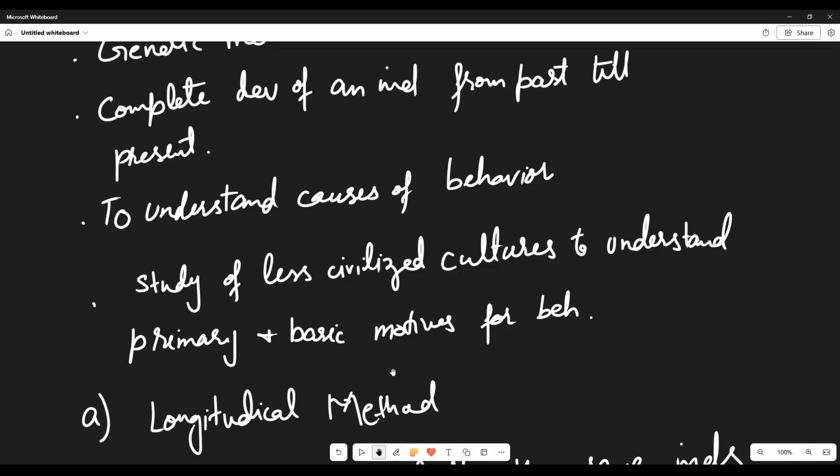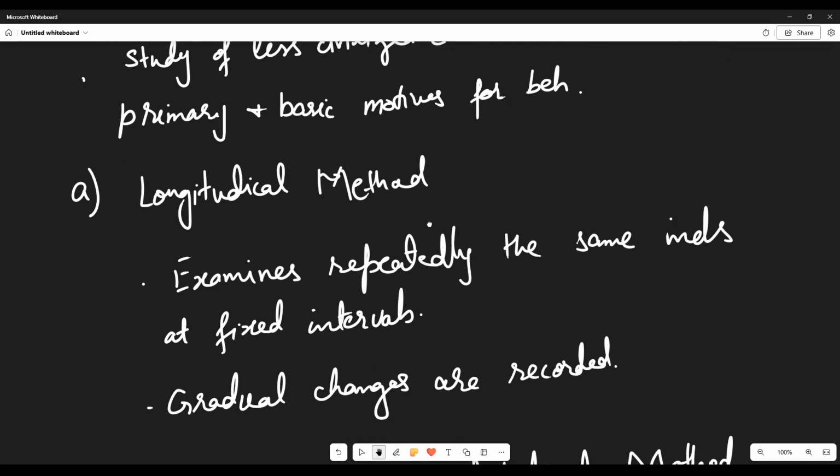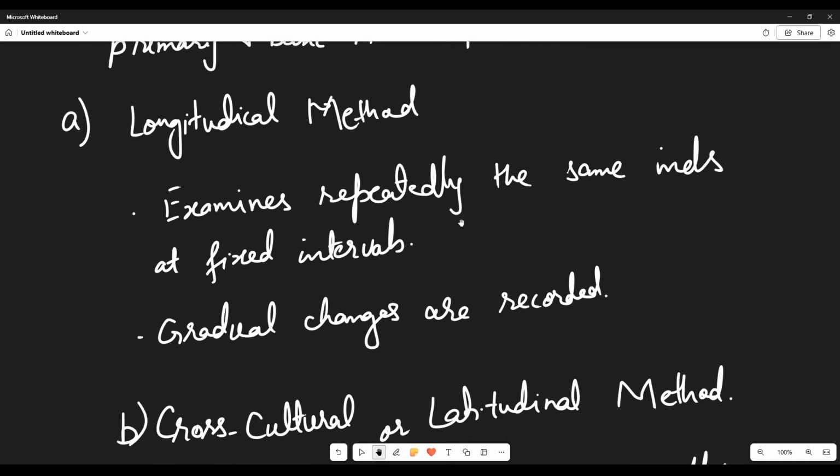There are two different types of developmental method. First one is longitudinal method. In this method, the same individuals are examined repeatedly at fixed intervals. So say like after 1 year, after each 5 years, after every 10 years, so that any changes occurring in them can be observed. The researchers keep on recording the gradual changes that are taking place in the same individuals over a period of time.